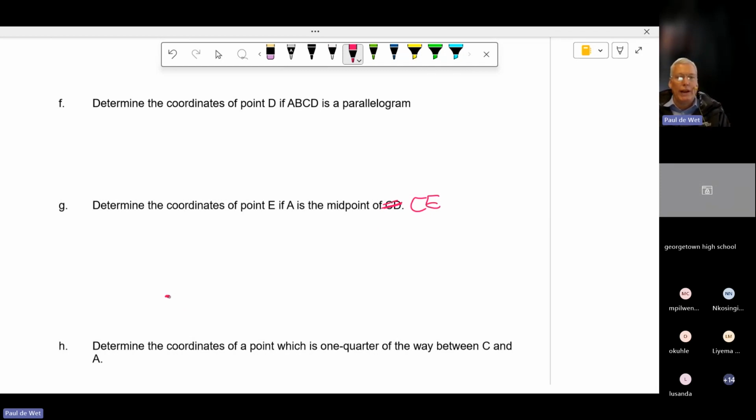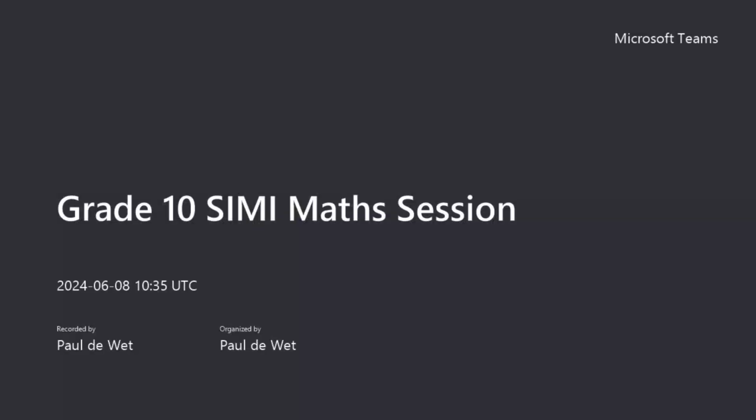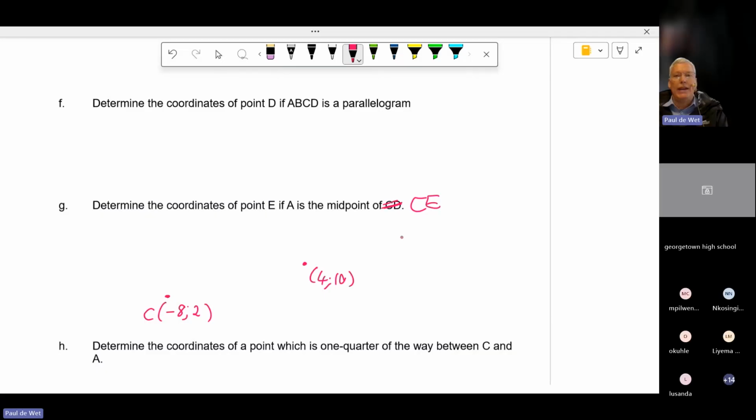Now I'm just going to draw it here. Here's C. C is -8, -2. A is 4, 10. And E is up here somewhere. And I don't know that.